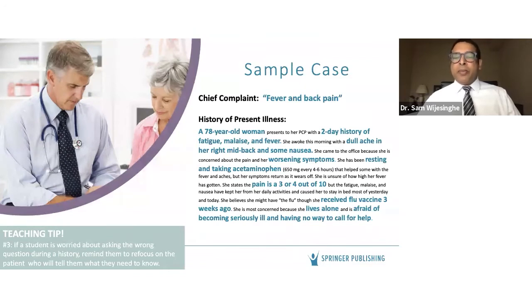She's getting worse, and resting and taking Tylenol is helping her a little bit. She described her pain as 3 or 4 out of 10 scale. She did receive the flu vaccine about 3 weeks ago. She lives by herself, and she's afraid of becoming seriously ill and having no way to call for help.